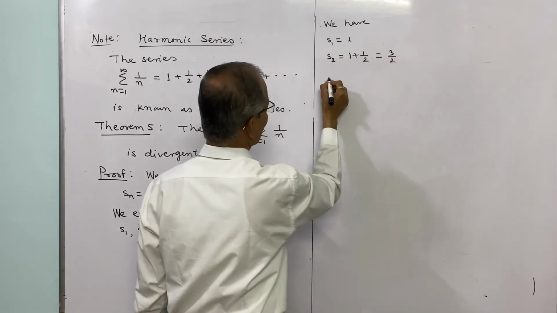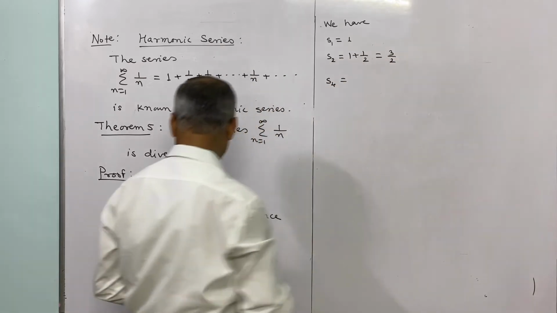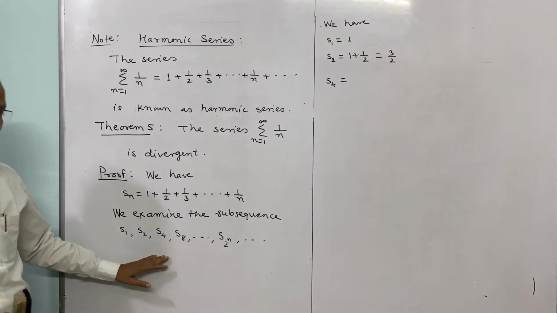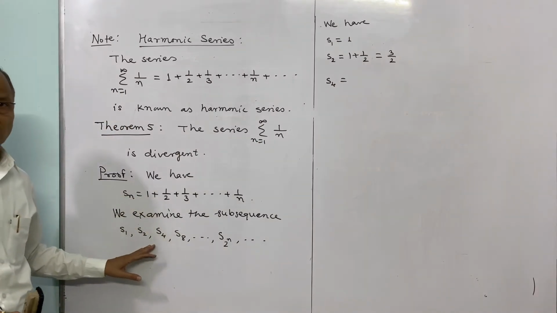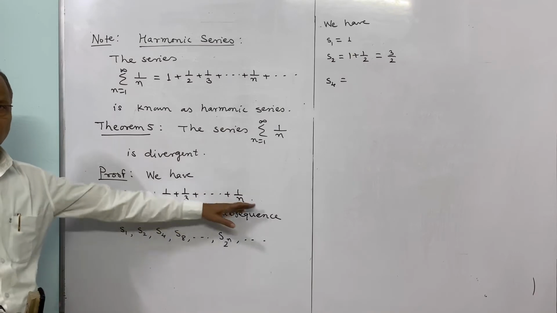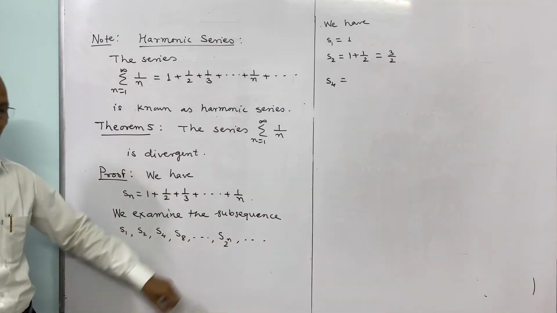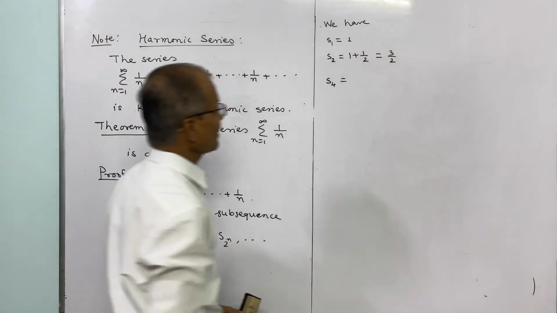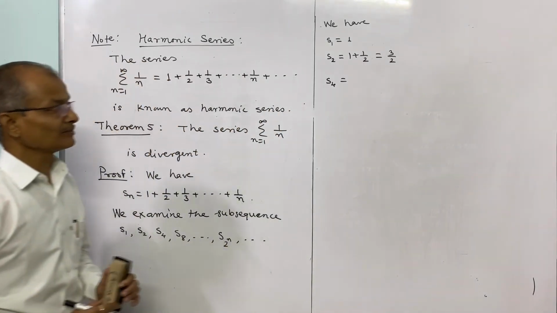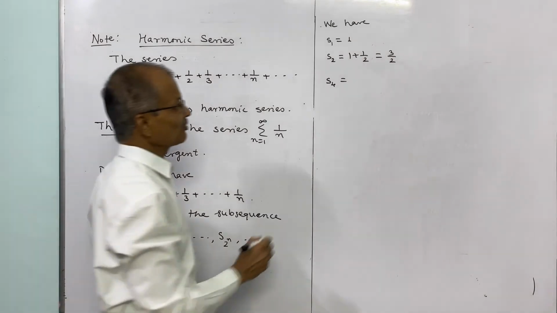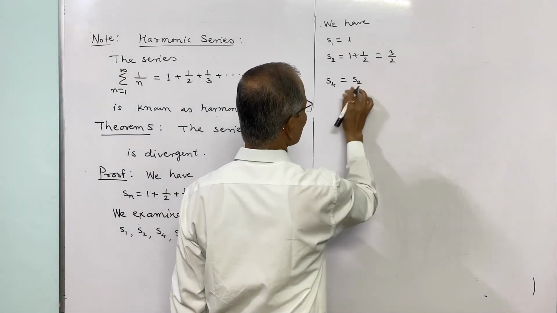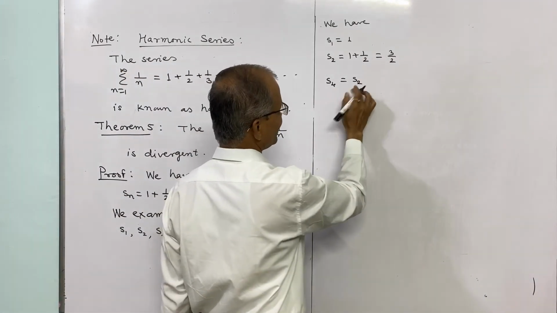And what about S4? This is a subsequence of this sequence Sn, S1, S2, S3, etc. And we are considering selected only those terms, S2 power n. S4 we should write in terms of S2. So I shall write S4 as S2, the sum of first two terms, and what are remaining?